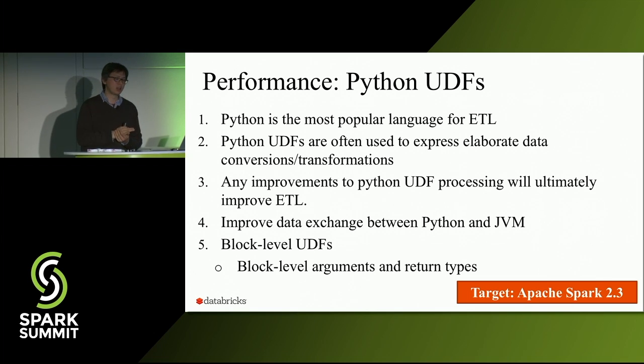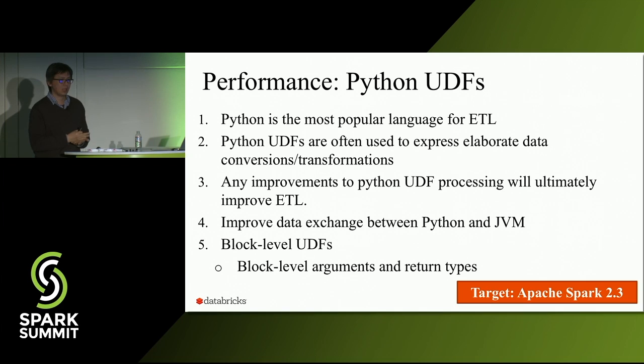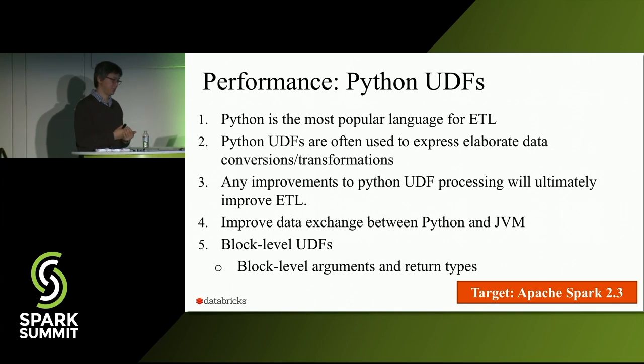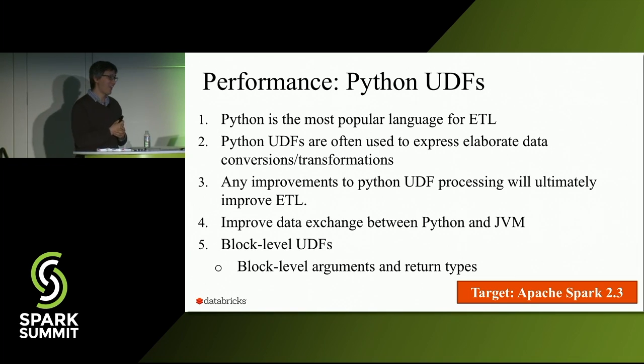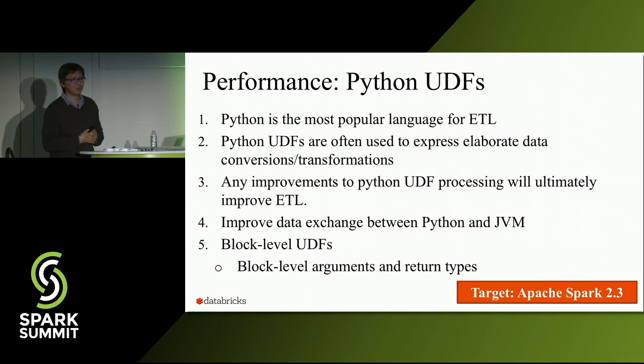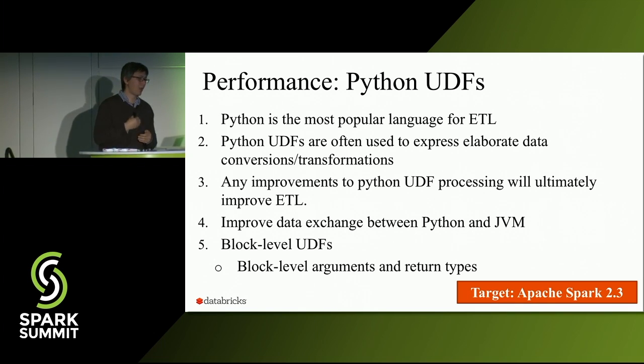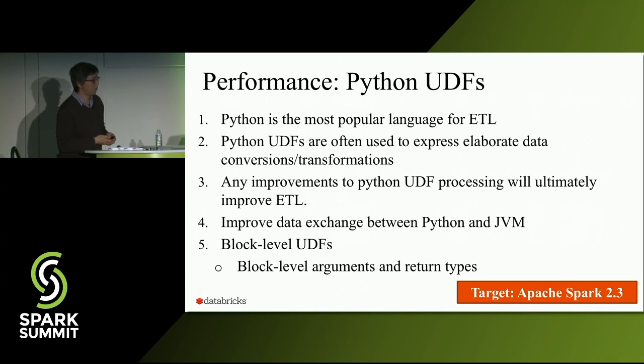It will improve data exchange efficiency between Python and the JVM and avoid unnecessary serialization and deserialization. Python is used a lot in ETL pipelines, so I think we have to improve it. We also plan to provide a new UDF interface, which we call a block level UDF. You can pass block-based arguments and return a block-based result.